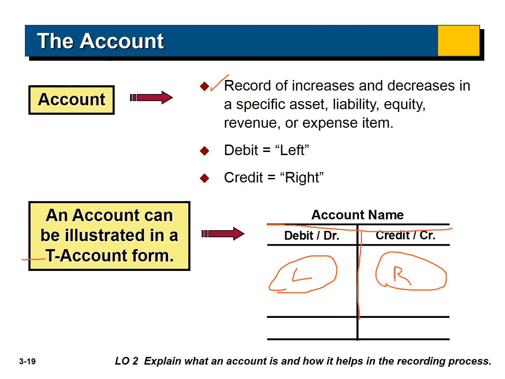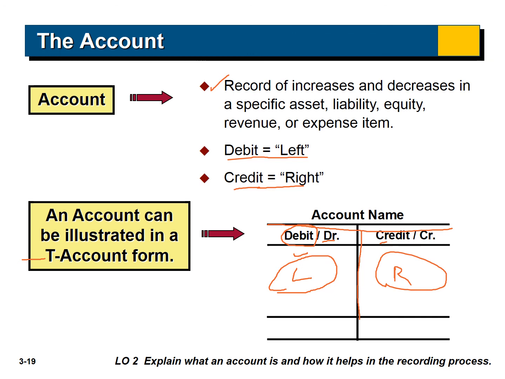Instead of calling the accounts left and right, way back 550 years ago when they developed this system, they used the terms debit and credit. But all that it means, the debit just means left and the credit means right. So this side, the left side of the account, means the debit side, which is abbreviated DR. That's the Latin for it.